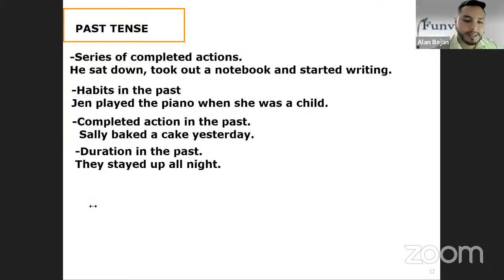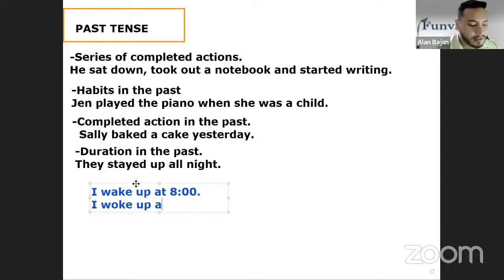My sentence says, I wake up at 8 a.m. The past tense will be, I woke up at 8 a.m. And I need to add something else to indicate that I'm talking in past.